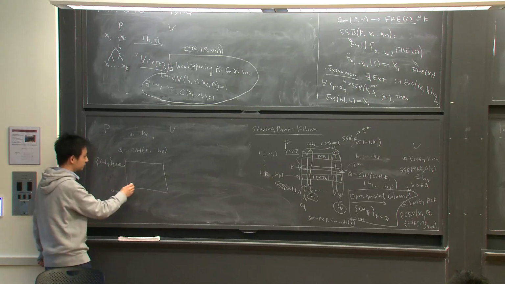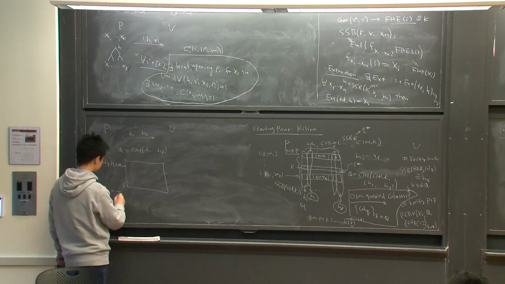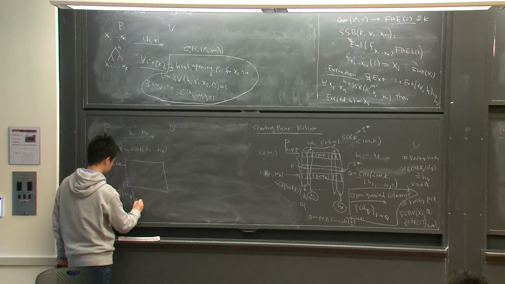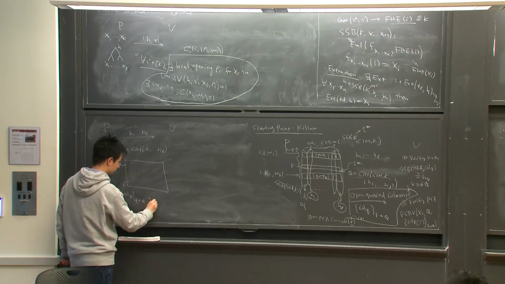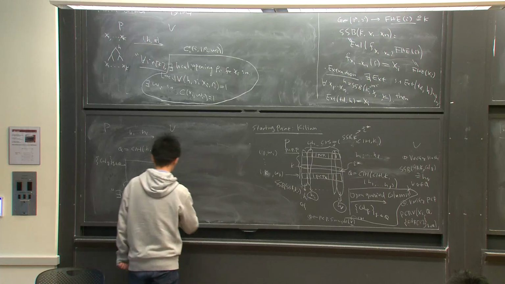The prover is going to prove to the verifier in this protocol the following language. So there exist columns Q such that two things hold.